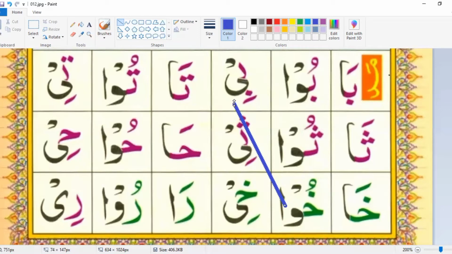So I was telling you that whenever the letter before Alif has got Fatha, Alif becomes Alif Madda, and the letter before Waw Sakin has got Dhamma, Waw becomes Waw Madda, and the letter before Ya Sakin has got Kasra, Ya becomes Ya Madda.